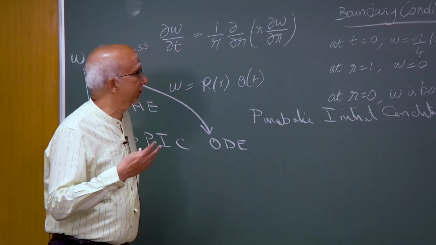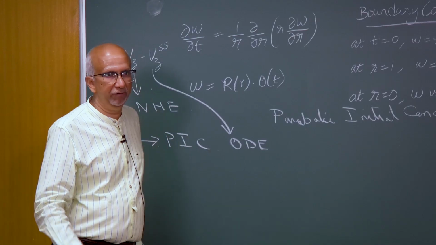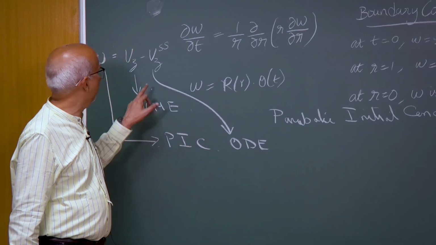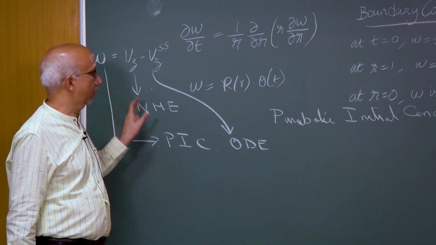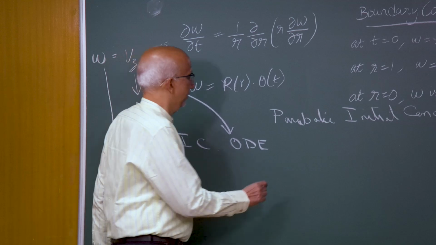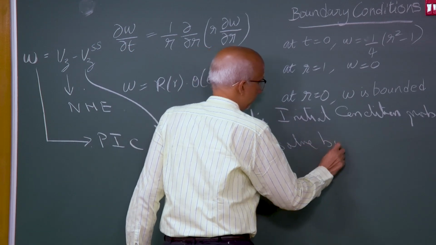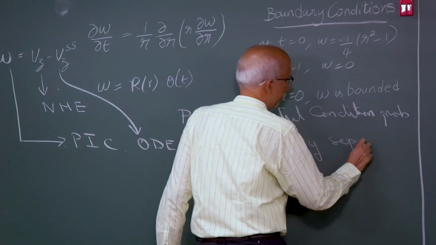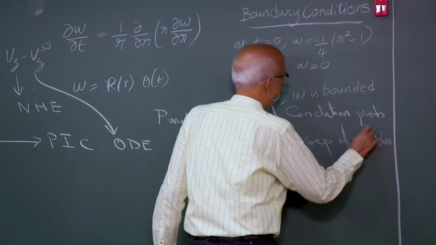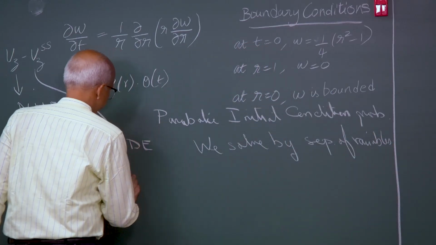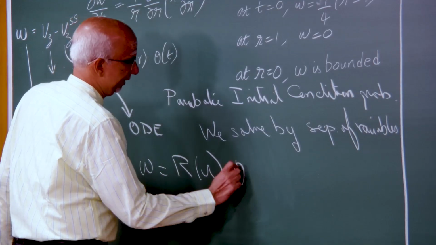This whole business of looking at the deviation from the steady state helps me convert a non-homogeneous equation problem for Vz into a parabolic initial condition problem for W, and this we solve by the separation of variables, and that is what I wrote last time, R of r times theta of t.